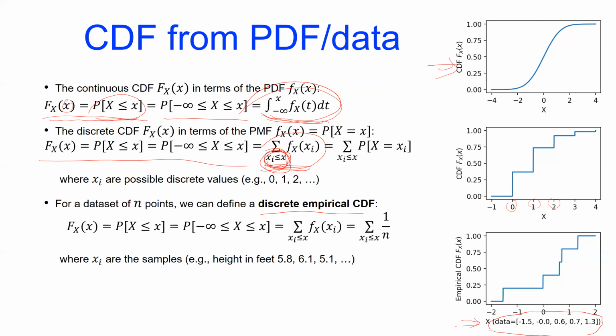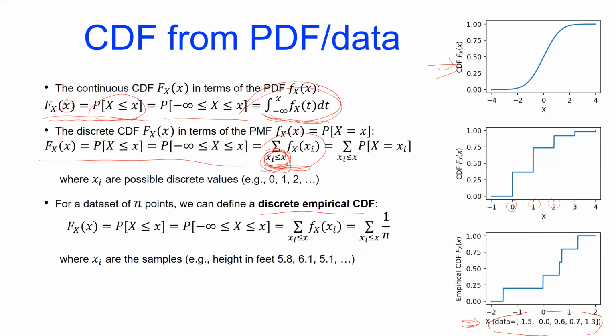There are a few things to remember. First, we say each of the values here will contribute 1/n probability. If I have n observed values, here n equals 5 in this case.